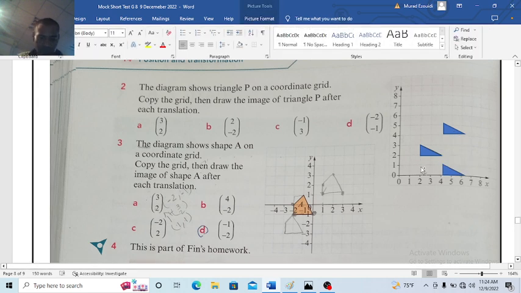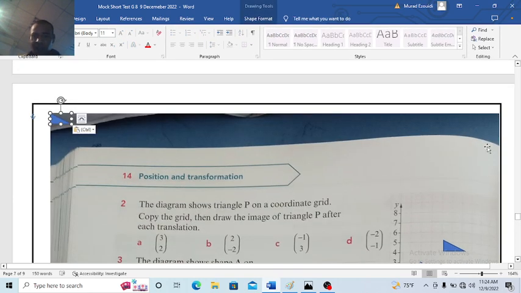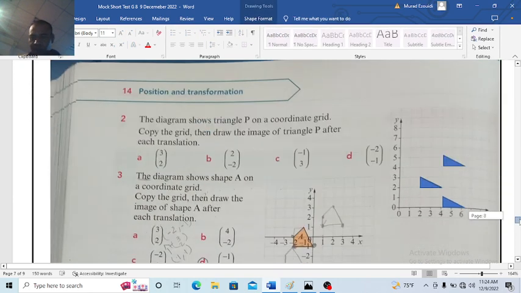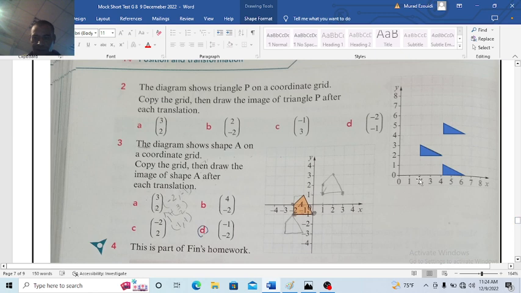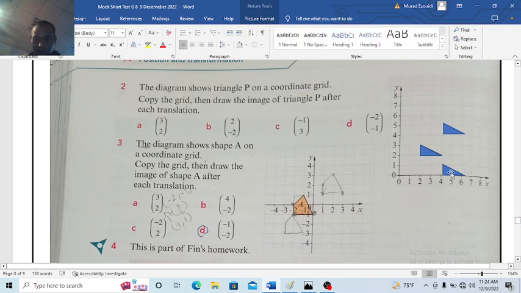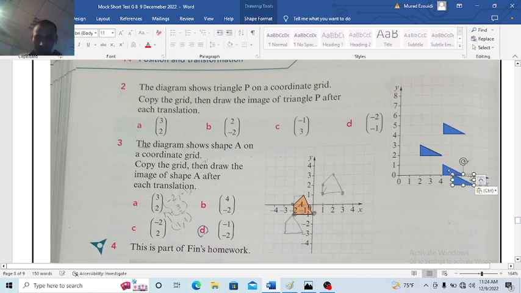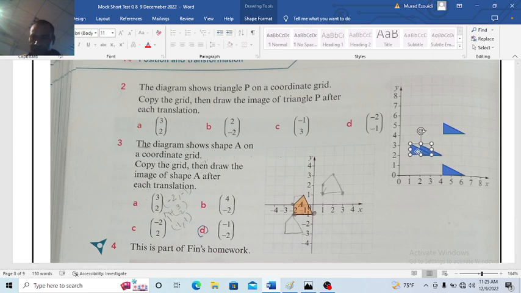For the second one, C, my object, my original triangle should move 1 unit to the left like that, then 3 up.